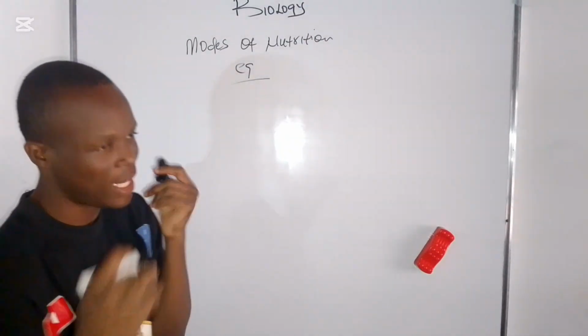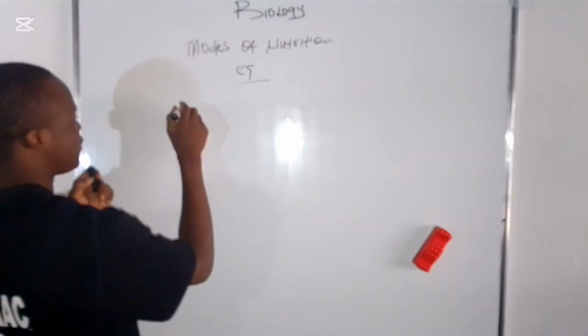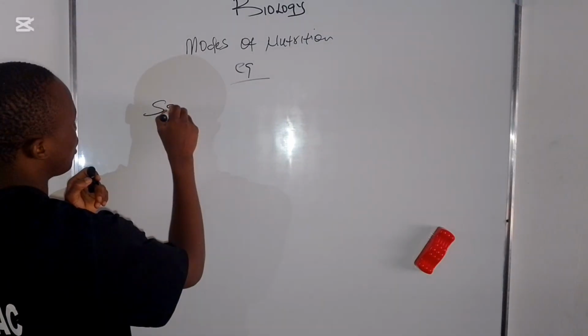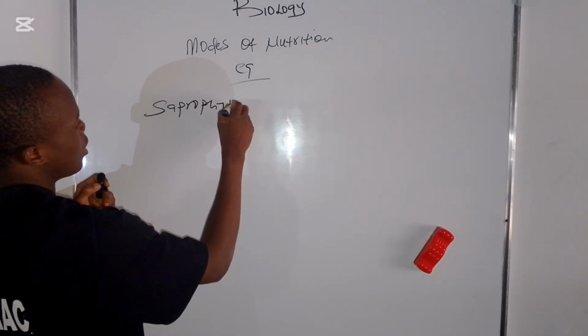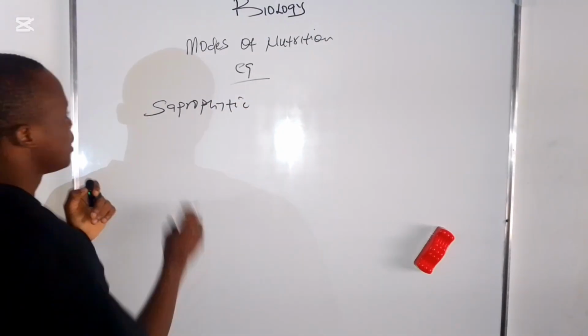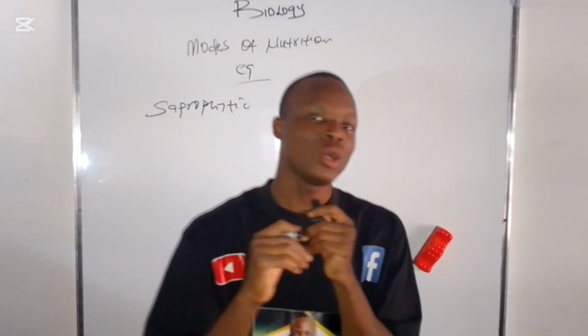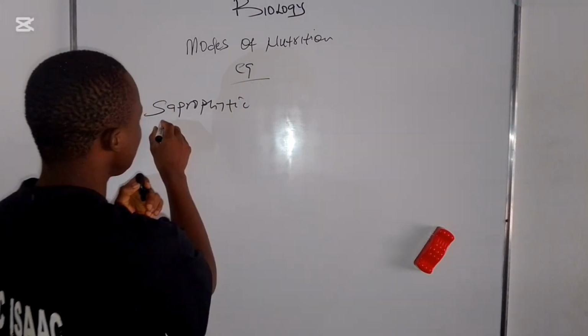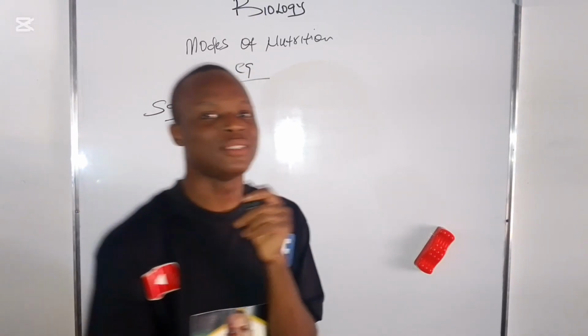So we have ecto and all those things. So next in my list is what we call saprophytic nutrition. Now, what is saprophytic nutrition? This is a kind of nutrition where living organisms depend on dead and decaying organic matter to derive their food.